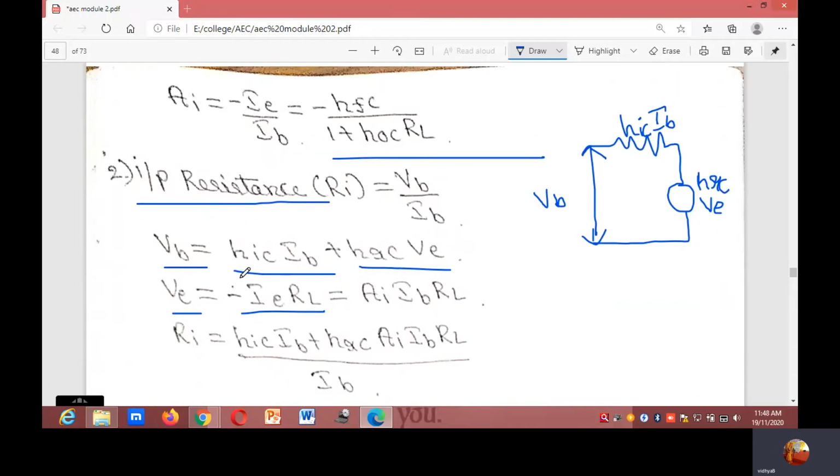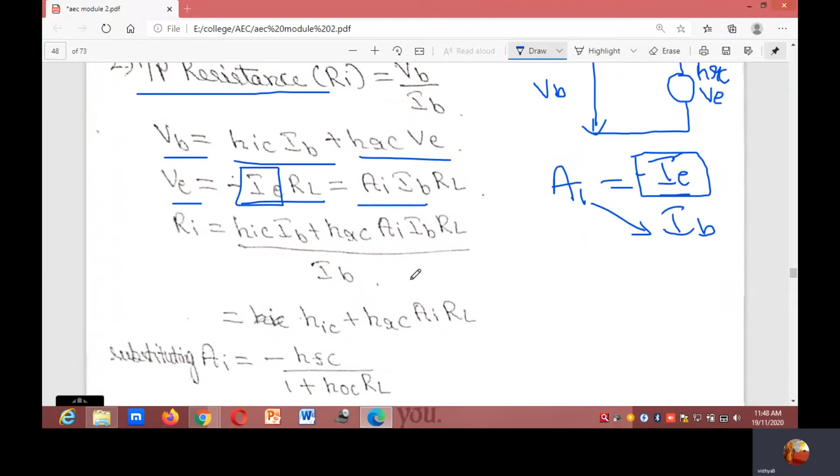AI is equal to minus IE divided by IB. If you take out only minus IE, you get AI into IB. That is what we have written here: AI into IB into RL.